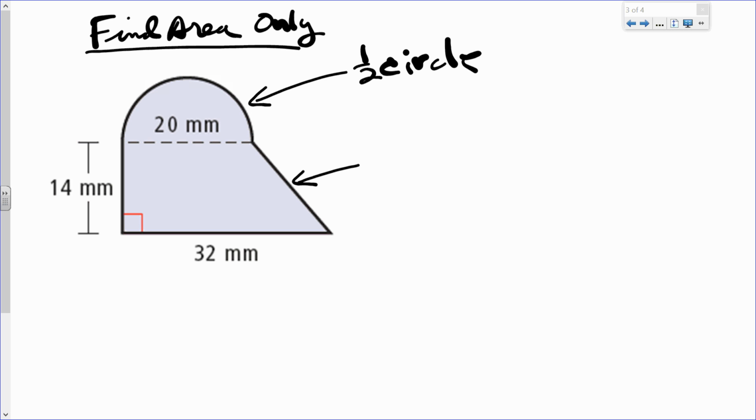Is that a triangle? Okay. That's a trapezoid, huh? Two sides that are parallel, one pair, that's a trapezoid. So I'm going to find the area of the trapezoid, area of a triangle. Actually, area of the trapezoid and half the area of the circle.